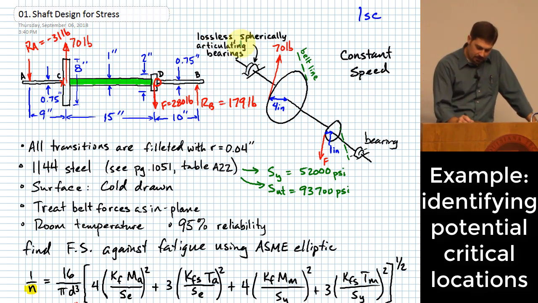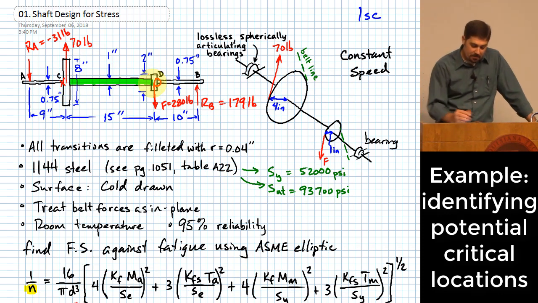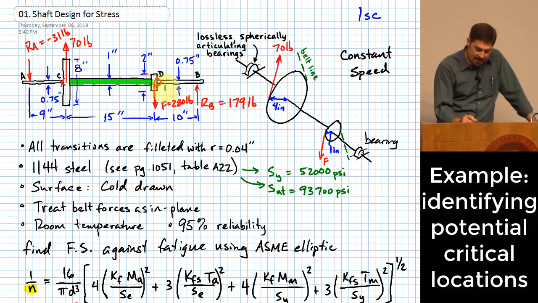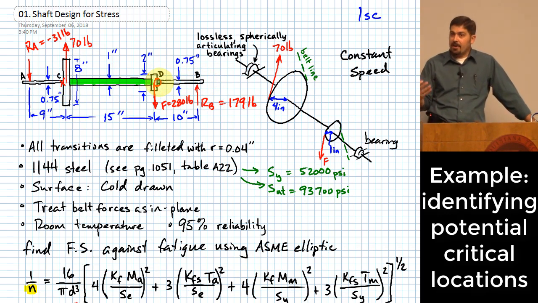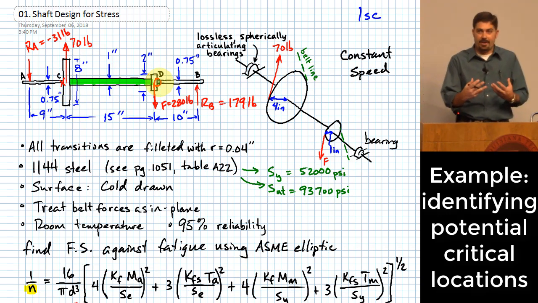So that means that in this segment right here, we are carrying torsion in addition to flexure. That means segment AC and segment BD are in the same scenario as each other with respect to what types of load they are carrying.